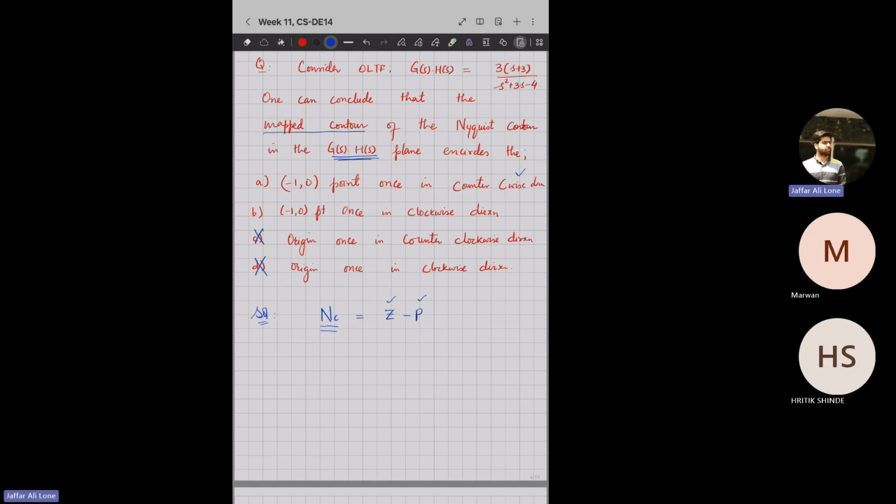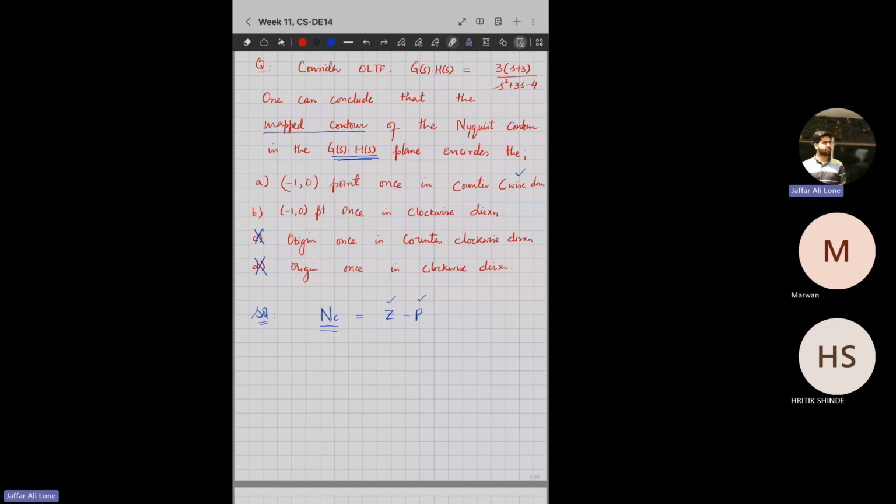If it would have been the mapped contour of the Nyquist contour in the 1 plus GSHS plane, then we would have considered these two options as well. Correct? Now see, this is one thing. So these two options are eliminated.